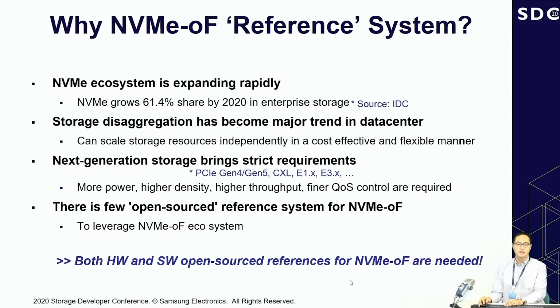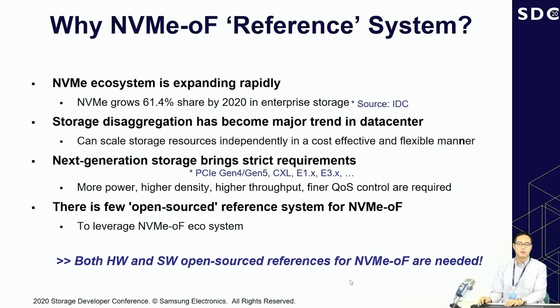Third one is that next generation storage brings strict requirements. For example, PCIe Gen4 and Gen5 and high-speed CXL interconnect, NAND-friendly SSD form factors such as E1.x or E3.x. These bring strict requirements such as more power, higher density, higher throughput, finer QoS control, and so on.